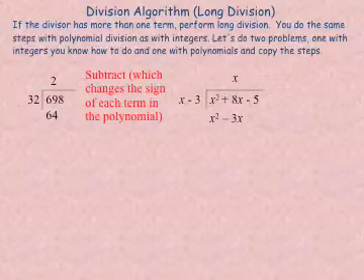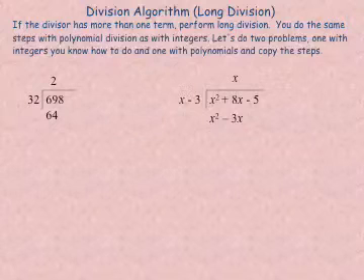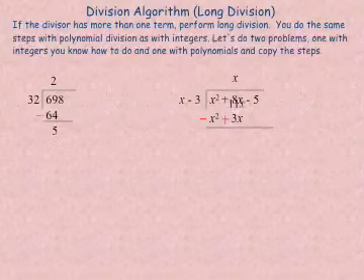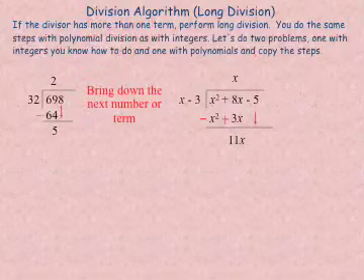Now in the polynomial case, we need to make sure that we understand that that will change the sign of every piece or term in that multiplication answer that we've brought down. Then we'll compute and do the process again after bringing down that term, the -5.